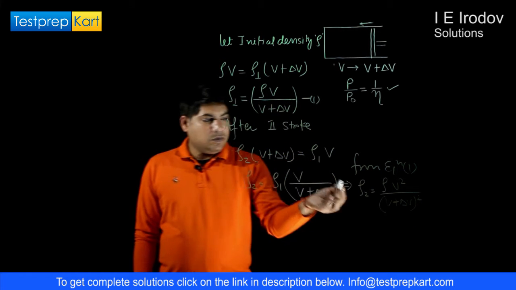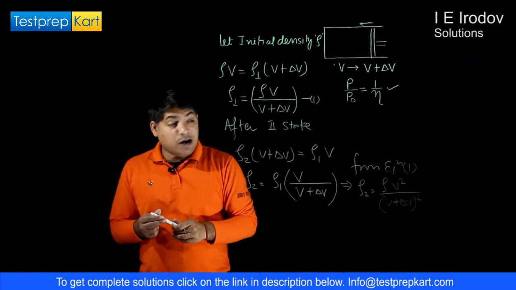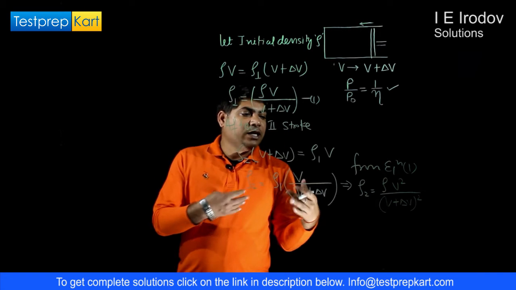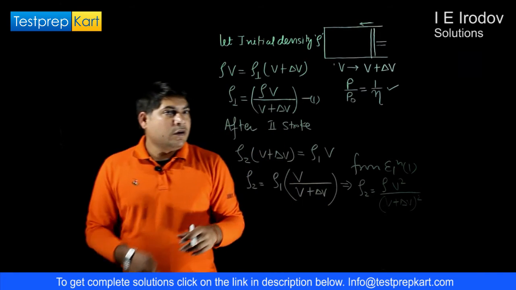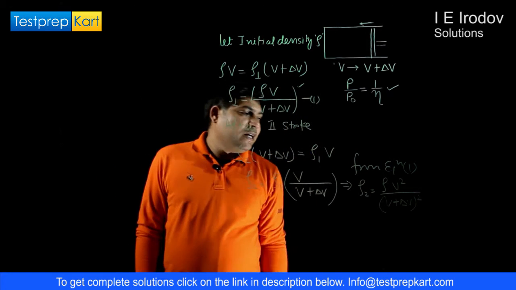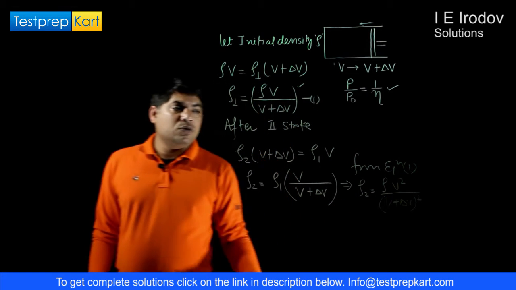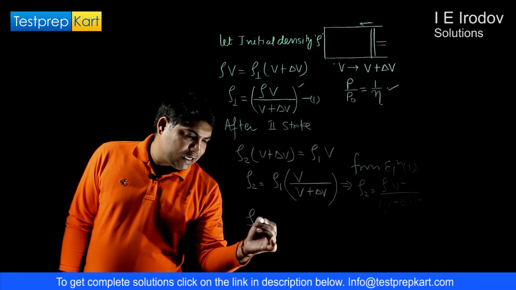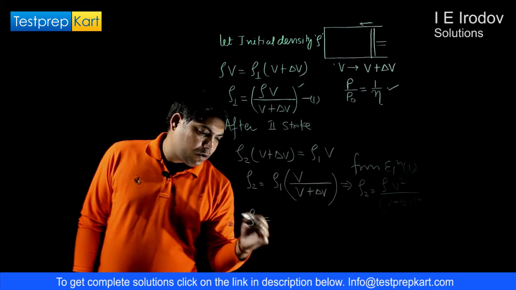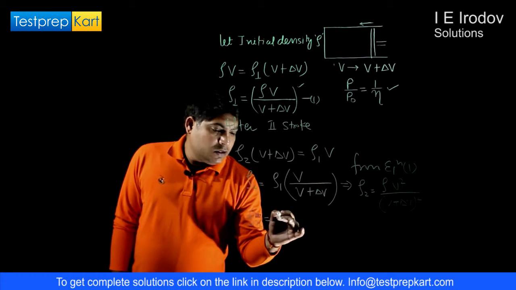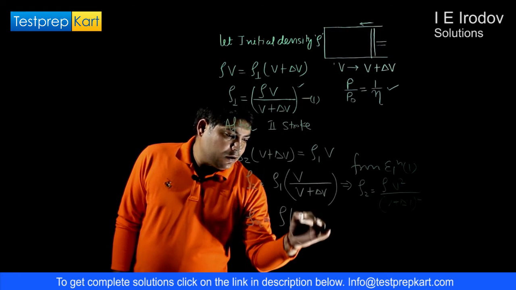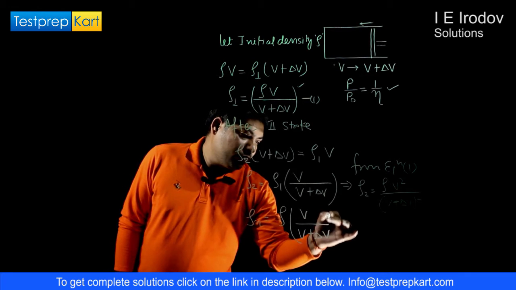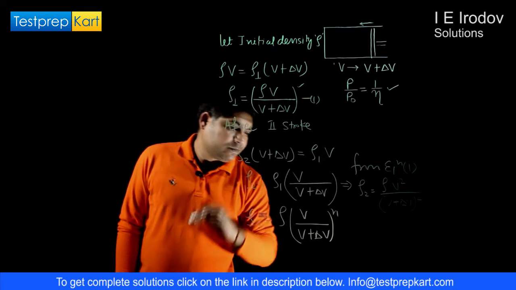Now we are getting a pattern of how the density of this gas changes after each stroke. In the first stroke the power was 1, in the second stroke the power is 2. So we can apply the concept of mathematical induction: at the nth stroke, the density would be rho times V over V plus delta V to the power n.